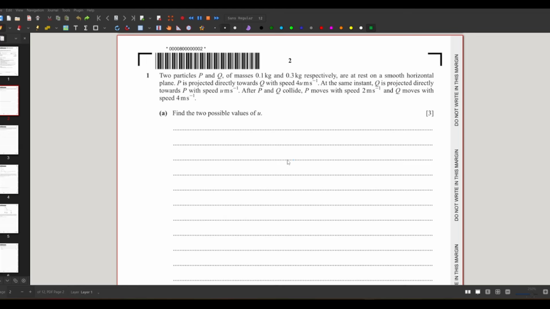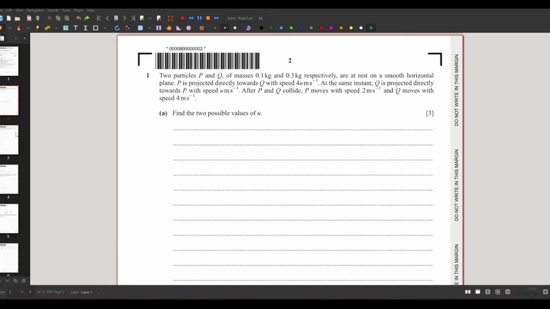So the first part says find two possible values of u. What you should understand is that they are asking for two possible values for u. If you focus on the situation before collision, they directly say that P is projected towards Q and Q is projected towards P, so there's no change in directions.